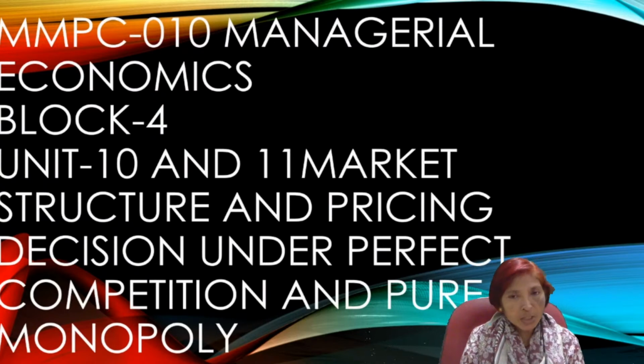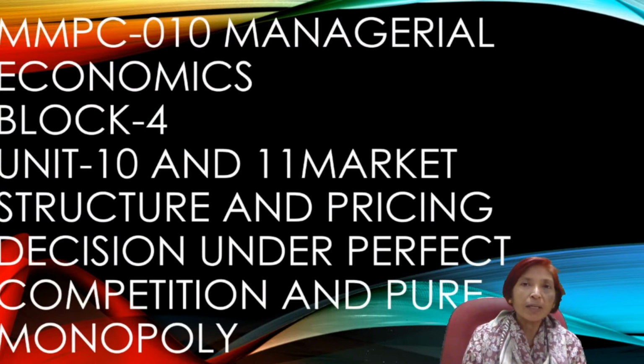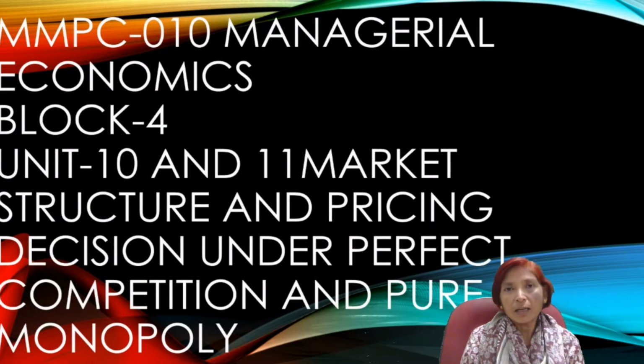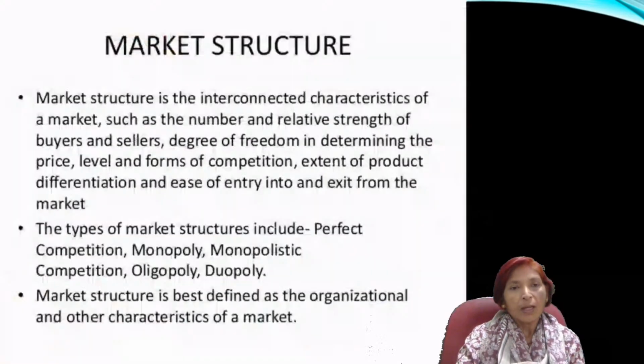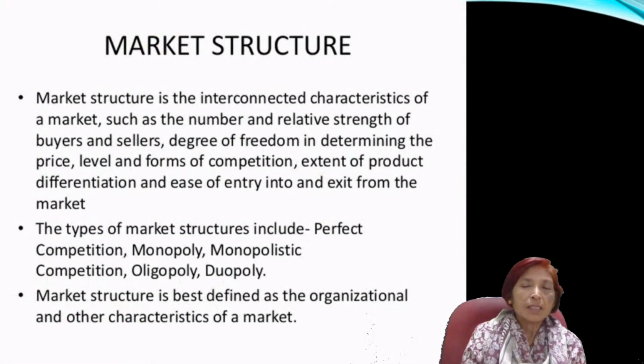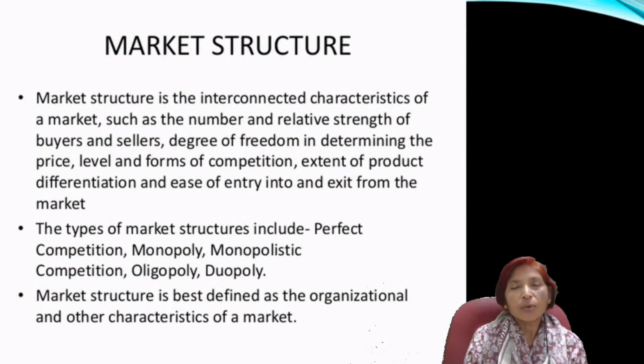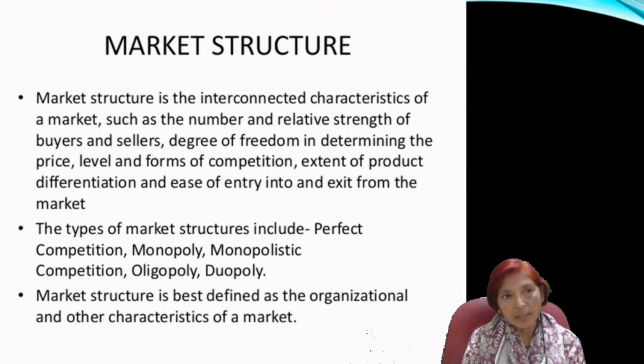So in this session, we will discuss what types of market structure exist in an economy and how price decisions are taken in different forms of market. Now, a market is a place where buyers and sellers meet and buy and sell goods and services.